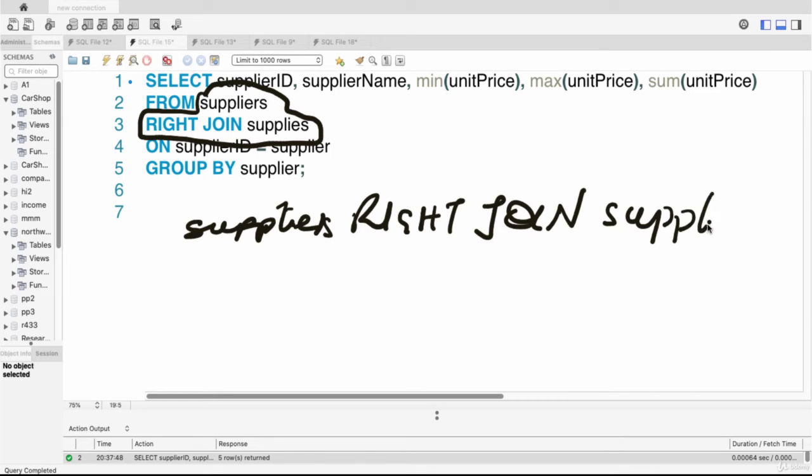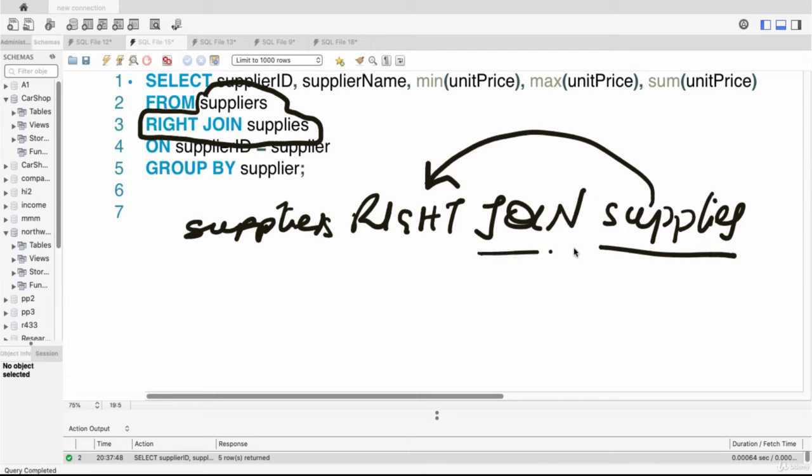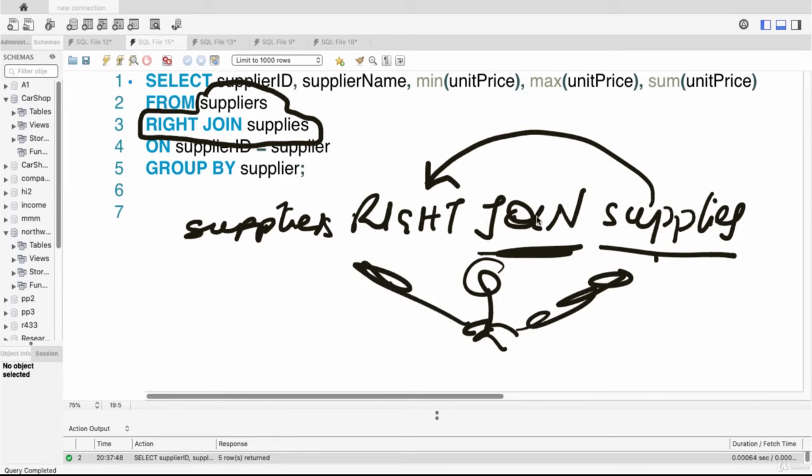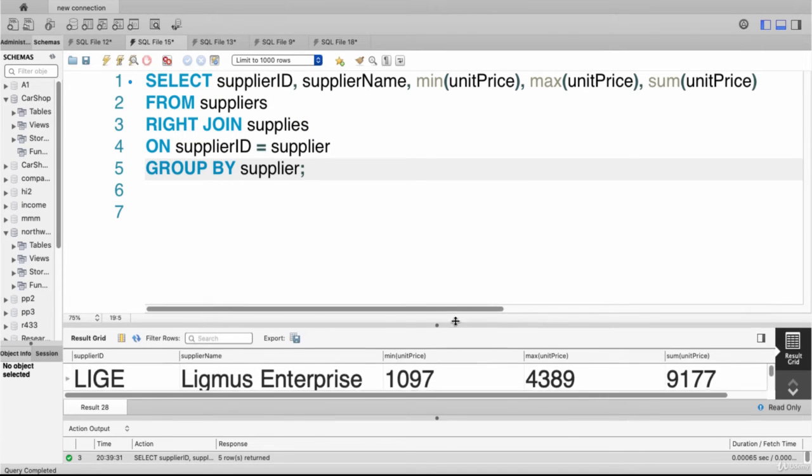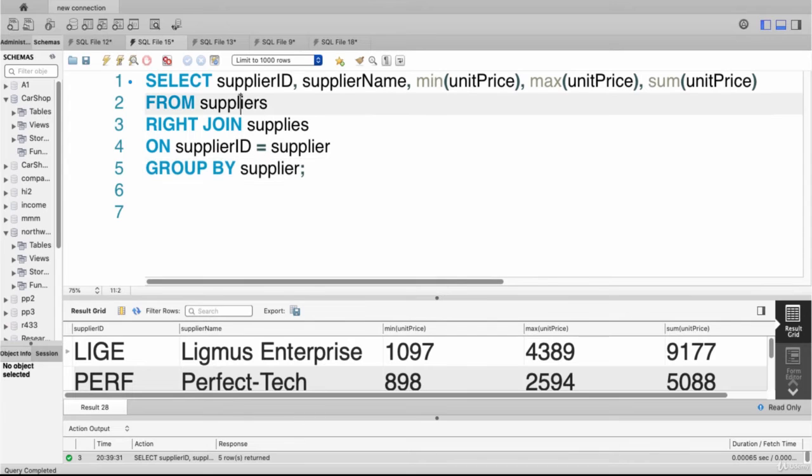Supplies. Okay, this supply is at the right, so the right of the join, right hand side, this is the left, so this is the king. That is the reason why this is working for us. Let me run it again. You see, it's working. Now what I will do now is I will move this one to this place.